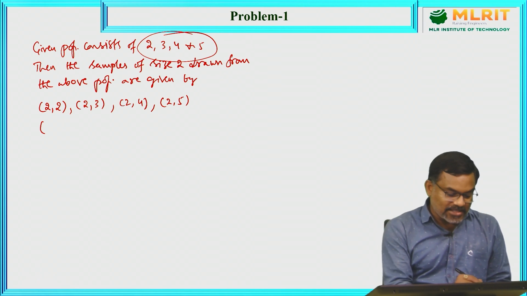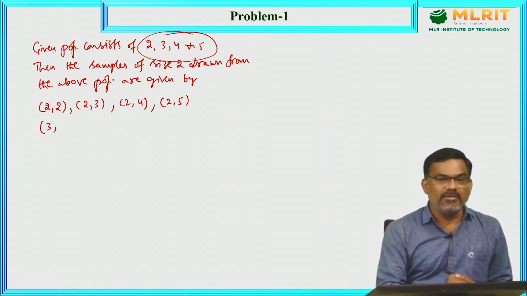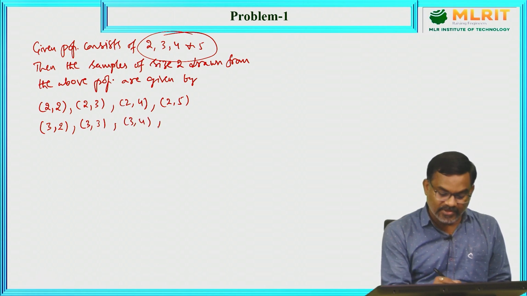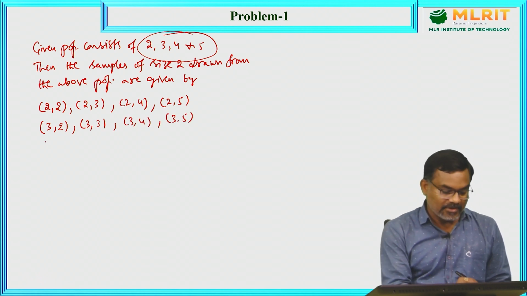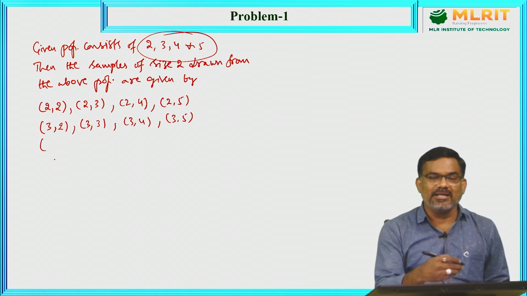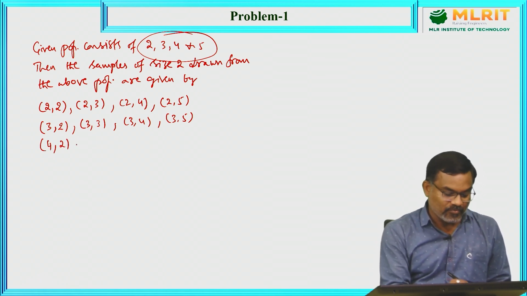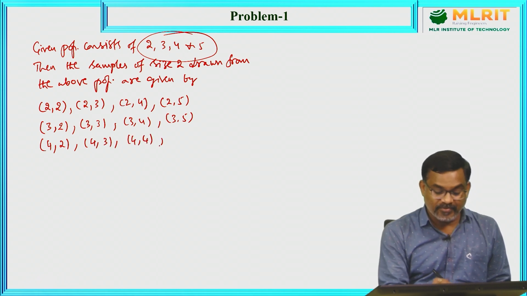Now, the remaining samples are, let us fix the first element as 3: 3, 2, then 3, 3, then 3, 4, then 3, 5. Next, again we are replacing the elements in the population. So, I can start from 4: 4, 2, 4, 3, 4, 4, 4, 5.